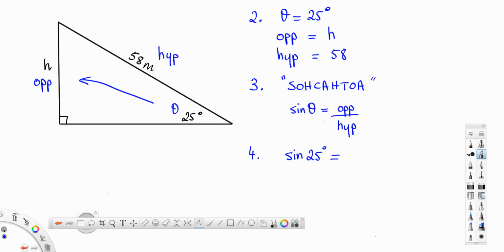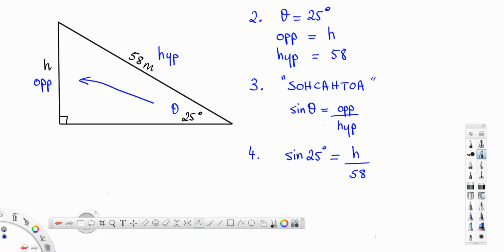Well, what's op? Op is H. That's the thing that we're trying to find. So I'm going to replace op with H, and underneath that, hype, the hypotenuse. Well, the hypotenuse is 58. So I'll replace that with 58. Now what that does is it gives us a little equation that we've got to solve. And that's what we do in step 5.